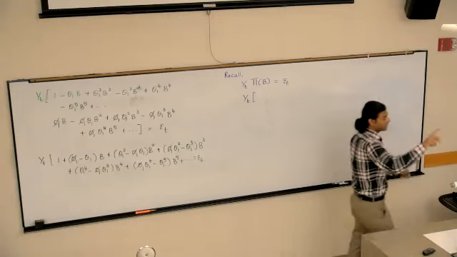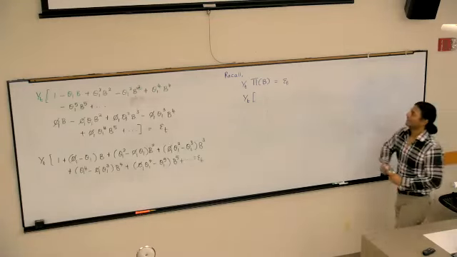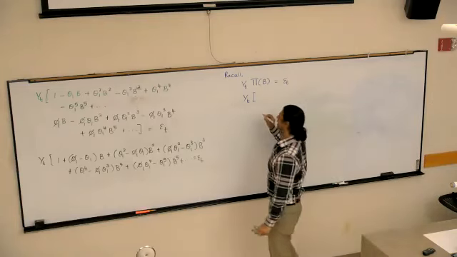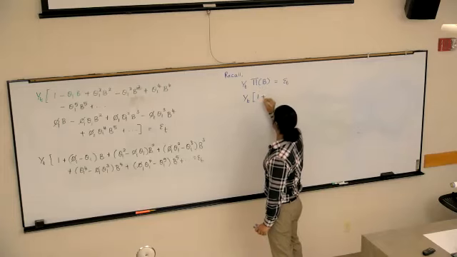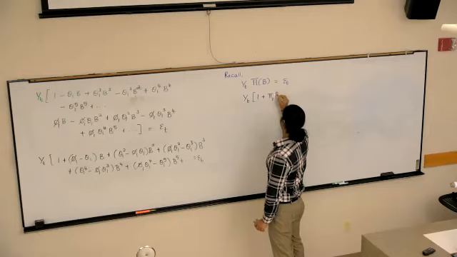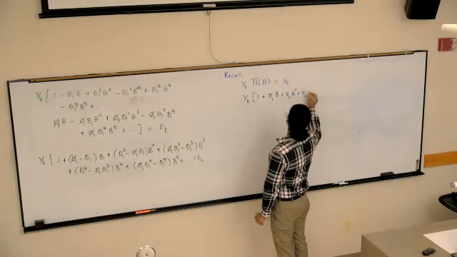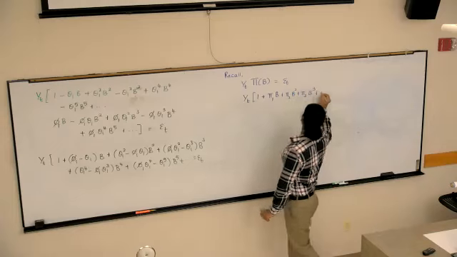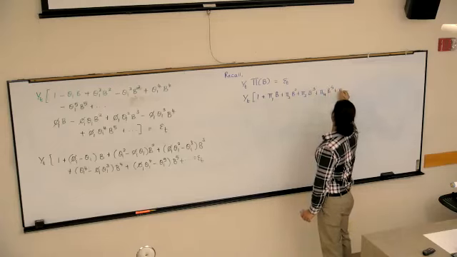The uppercase pi of B. The pi with the circle. So pi of B is simply 1 plus pi 1 B plus pi 2 B squared plus pi 3 B raised 3 plus pi 4 B raised 4.